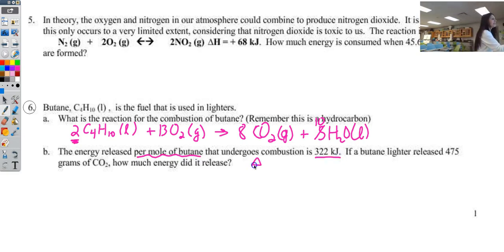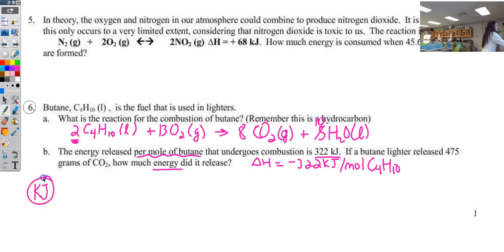So that means that the delta H is equal to negative 322 kilojoules for every 1 mole of the C4H10, the butane. It says that a butane lighter released 475 grams of CO2. How much energy did it release? We already know the unit in kilojoules right here, so we can just use kilojoules.